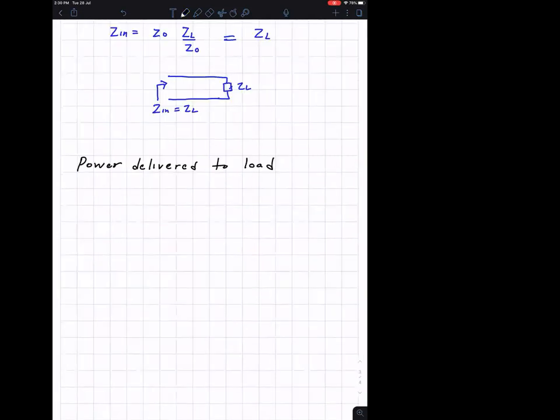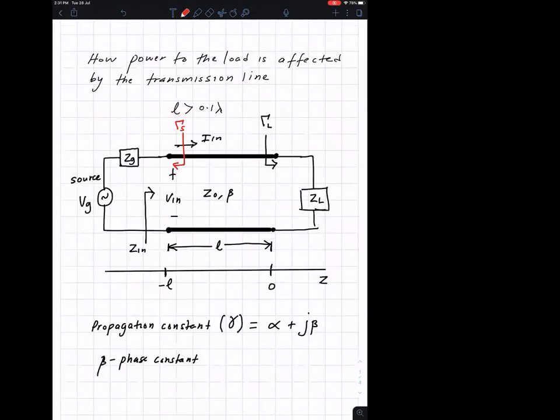If you look at the transmission line, gamma S is the reflection coefficient at the source, or source reflection coefficient. Or you can also call this the generator reflection coefficient.